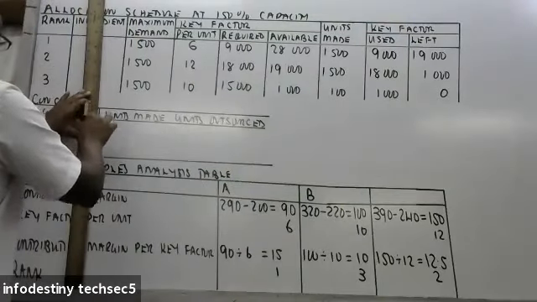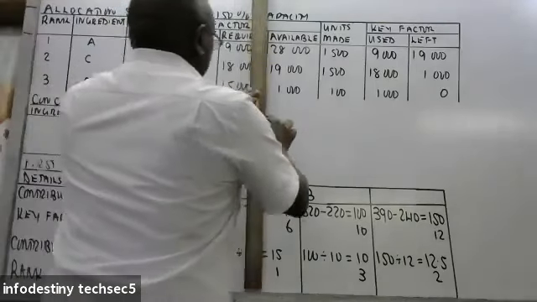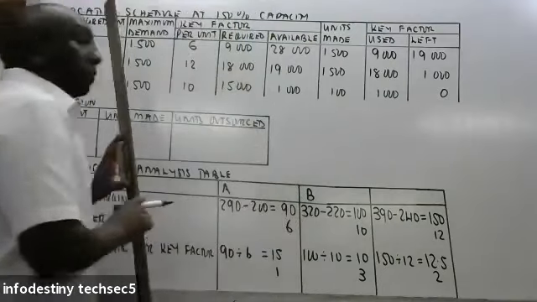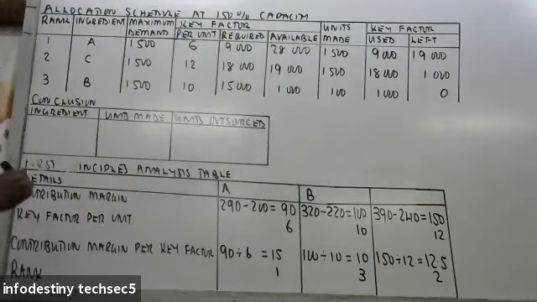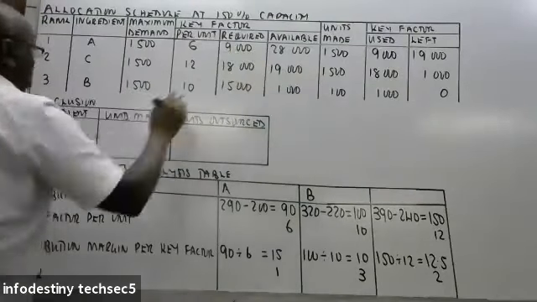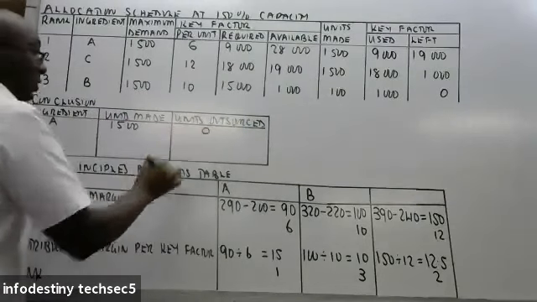So for A, we are able to make all the 1,500, so you don't outsource anything.